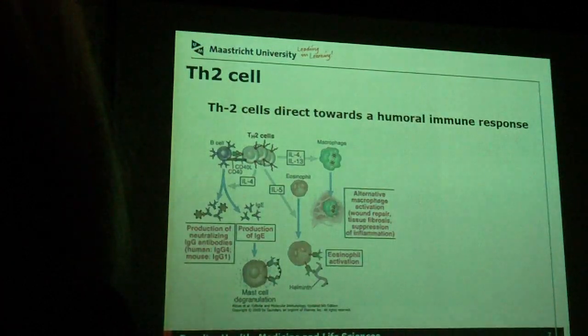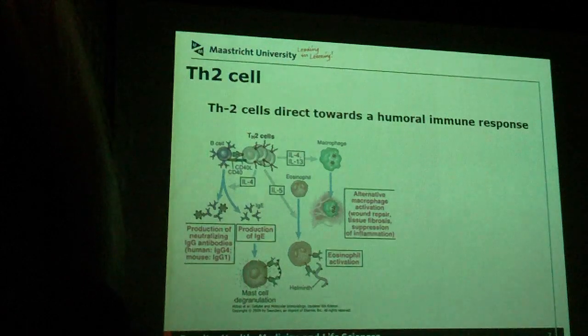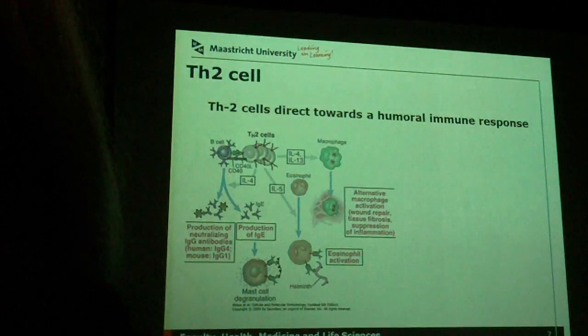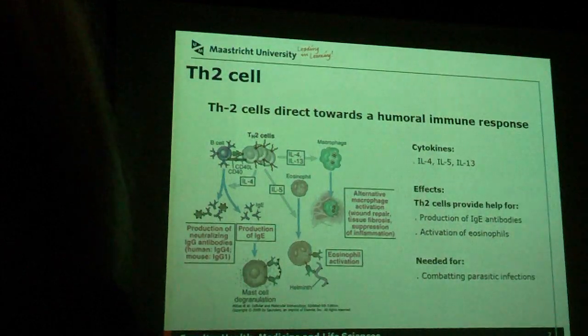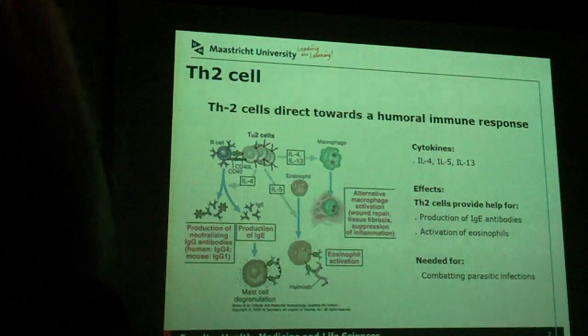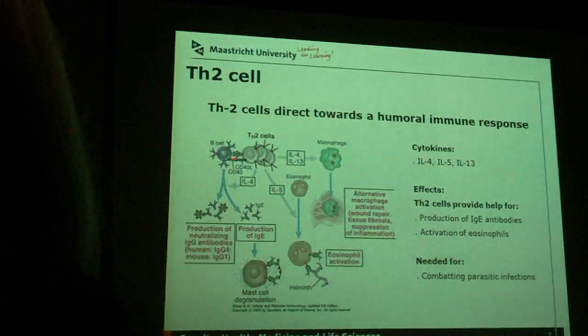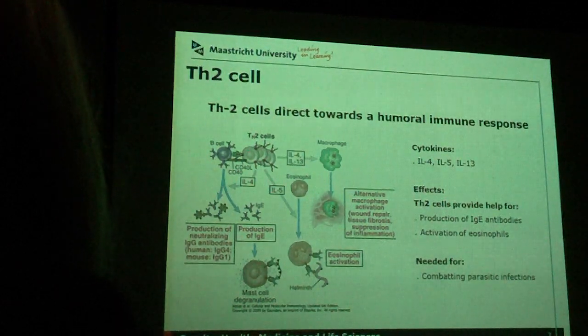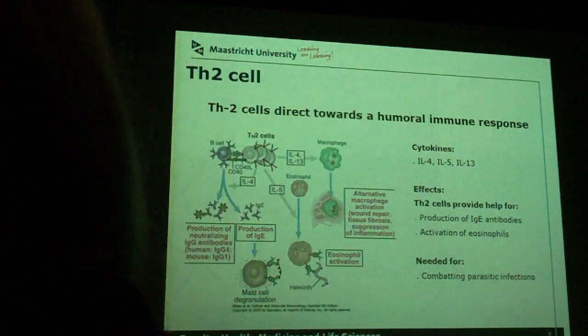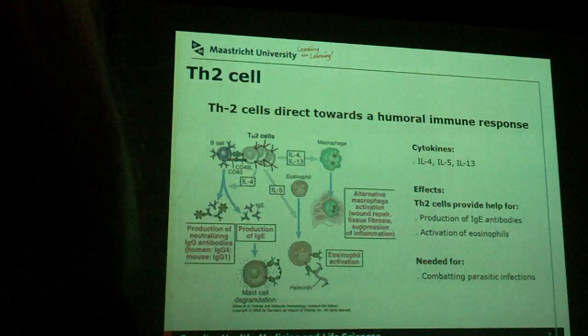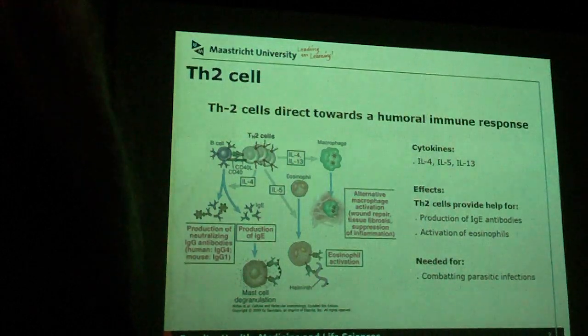The Th2 cells direct towards a humoral immune response. The main cytokines in this response are IL-4, IL-5, IL-13. Here is depicted what they do. IL-4 can cause isotype switching in the B cell to produce IgE antibodies, which you need for combating, for example, large parasitic infections like fungi or something.